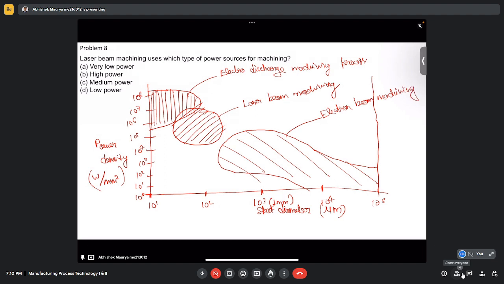And there is some smaller range. This is the welding arc, where we have the plasma arc welding. And on the least power density side, what we have is gas welding or oxyacetylene welding.